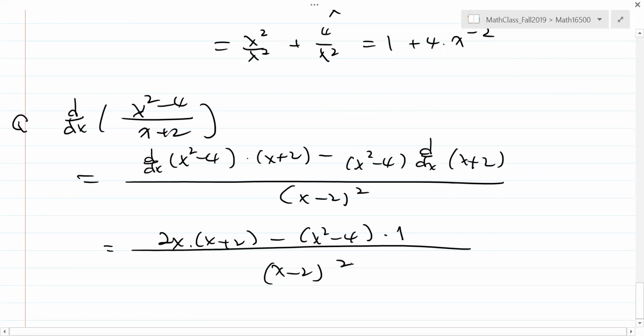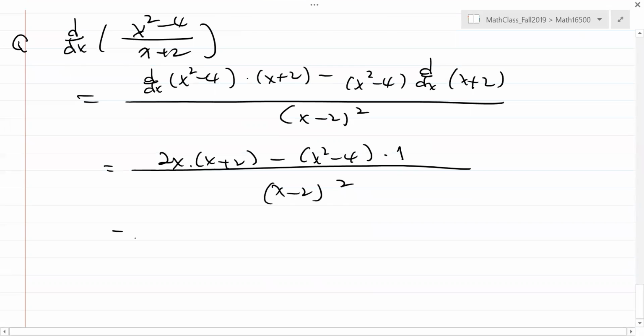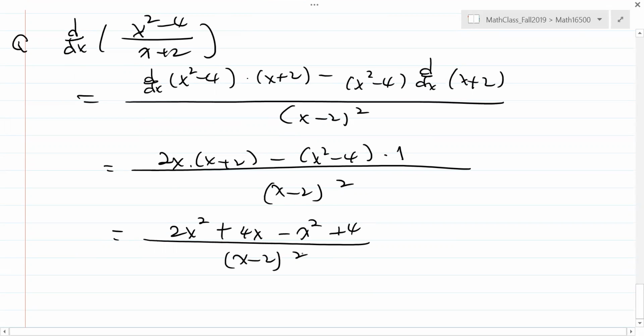Are we able to simplify it? Yeah, let's do it. It's going to be 2x squared plus 4x minus x squared plus 4. So you will get x squared plus 4x plus 4, over (x plus 2) squared.